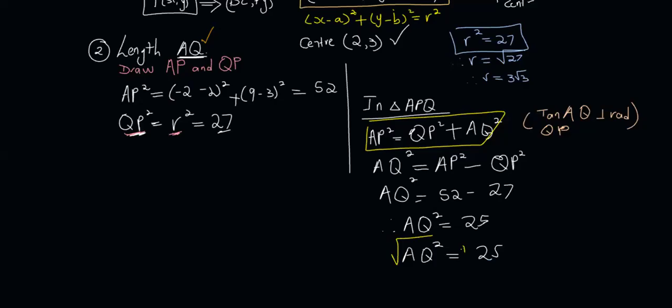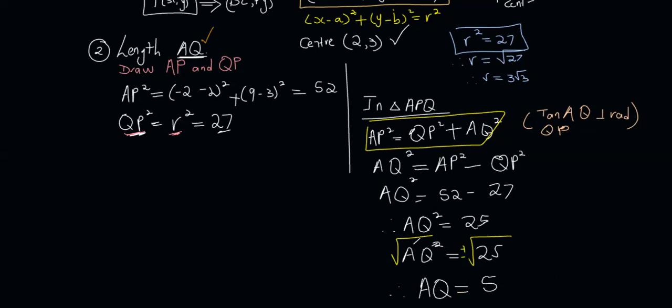Then the square root cancels the square. Therefore, AQ is equal to 5. Five what? Five units. Why am I saying 5 units? It's because they say find the length of AQ.